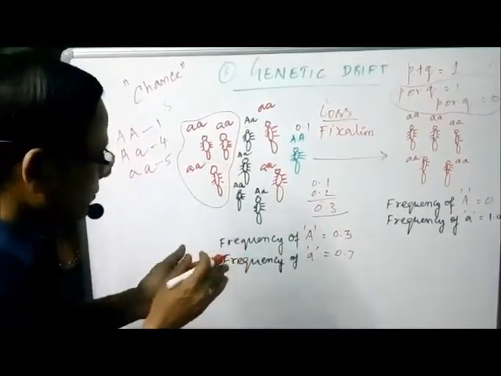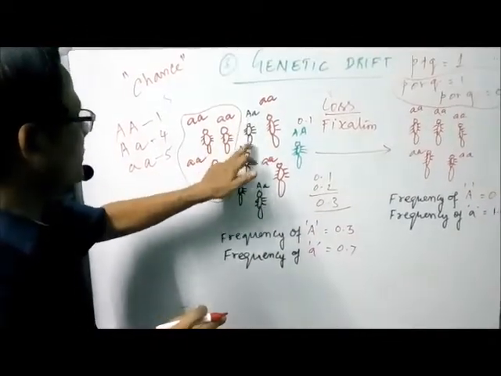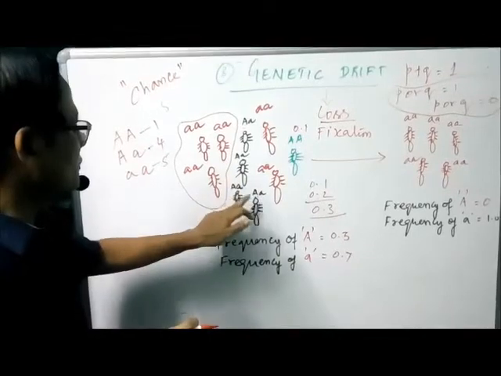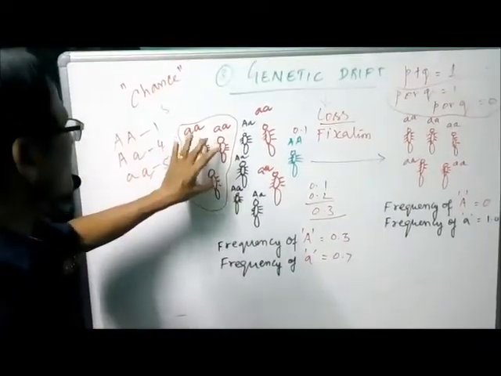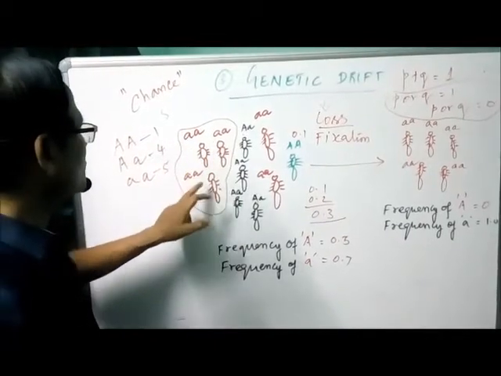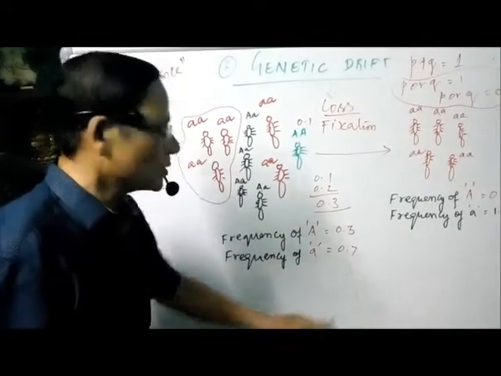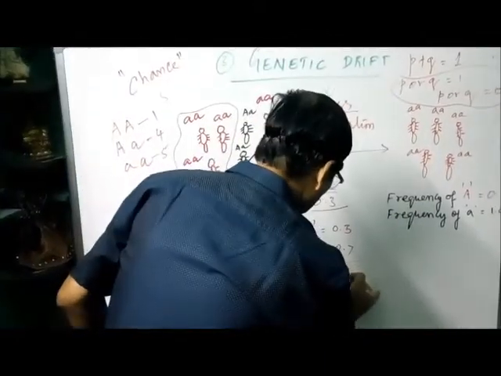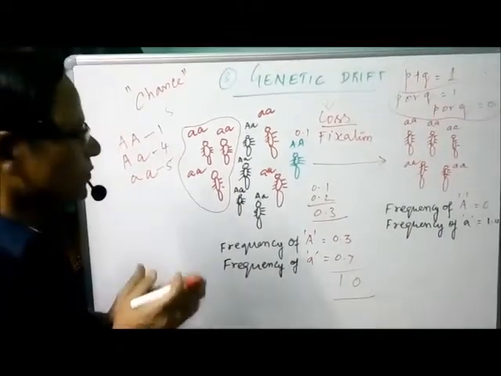Why do they give 0.3 and 0.7? Here we have to take only 50%, either for capital A or for small a, 4 into 0.5 is 2. The remaining we got 1, 2, 3, 4, 5. So 5 plus 2 is 7. The frequency is 0.7. The total value is 1 or 100%. So this is what is called the gene frequency.